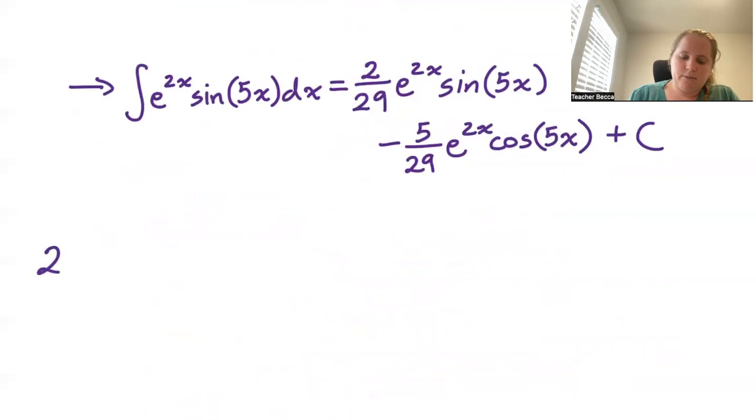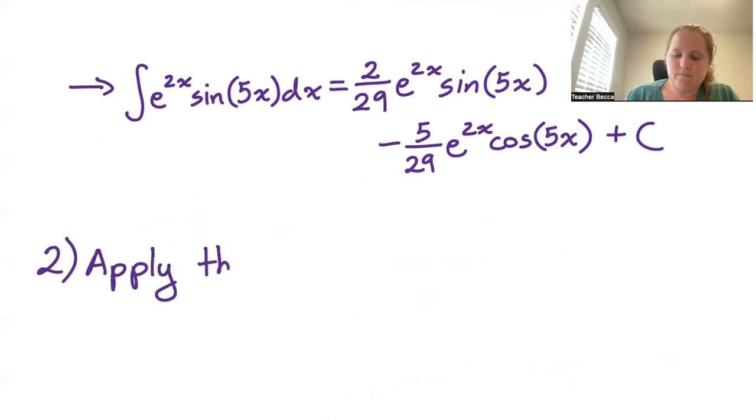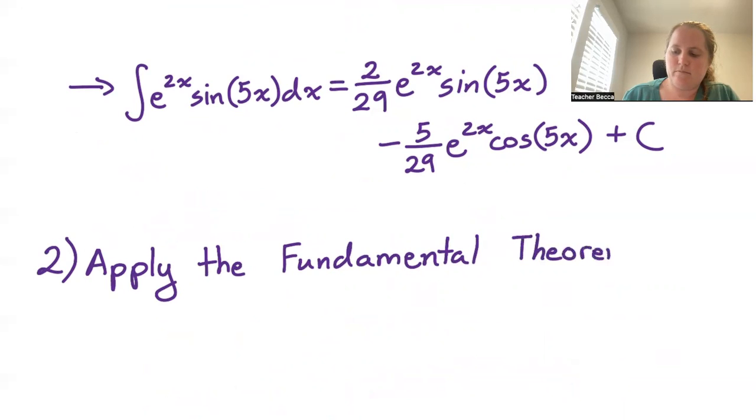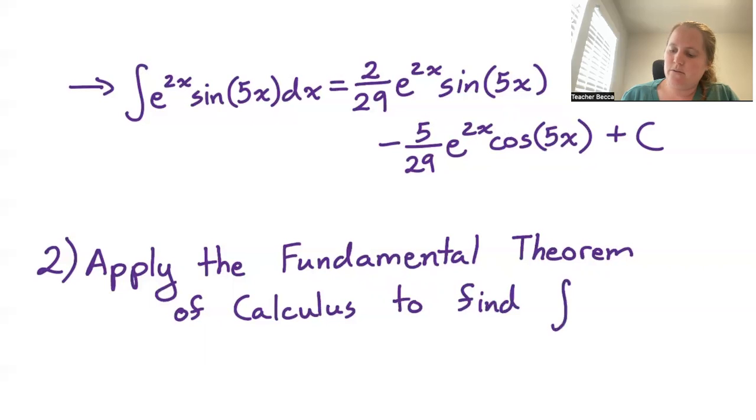So our second step is to apply the fundamental theorem of calculus to find the definite integral from 0 to pi over 2 of e to the 2x sine of 5x dx.